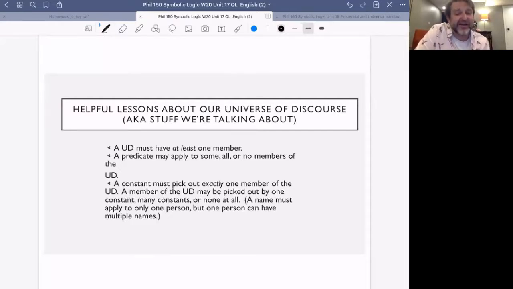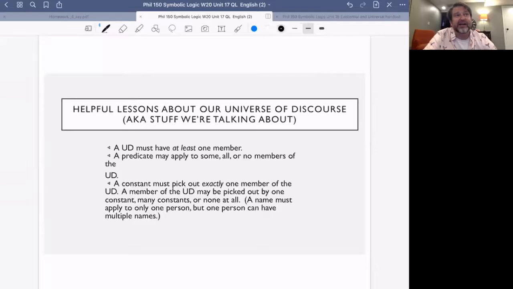Okay, and then the last thought is that a constant must pick out exactly one member of the universe of discourse, right? So a member of the universe of discourse may be picked out by one constant, many constants, or none at all. But a constant has to pick out exactly one member of the universe of discourse.